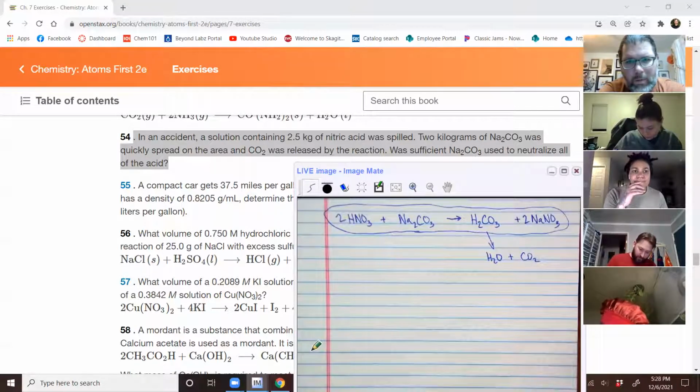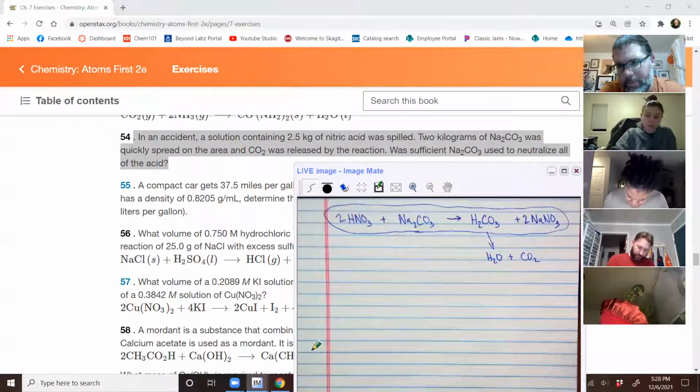And there are multiple ways to approach this, for sure. We could do stoichiometry to answer the question.